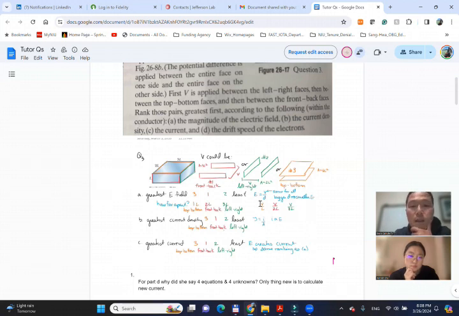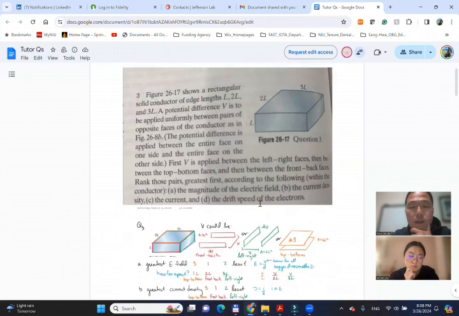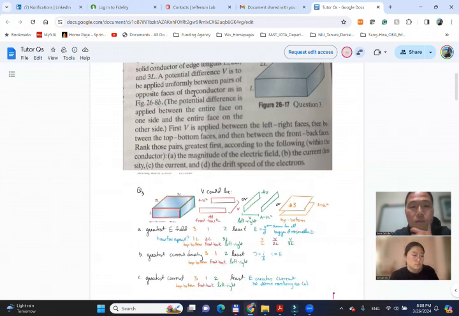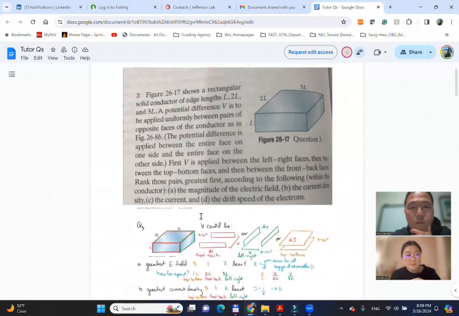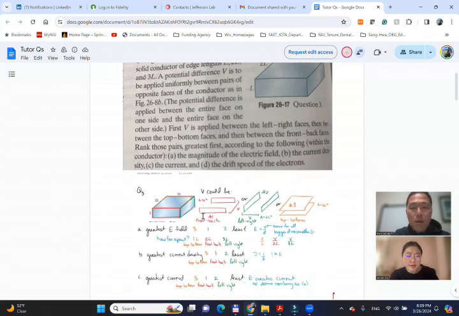So if that is the case, let's take a look. Number one, L and 2L. The way you asked me about the current density, the field along that direction, the potential.